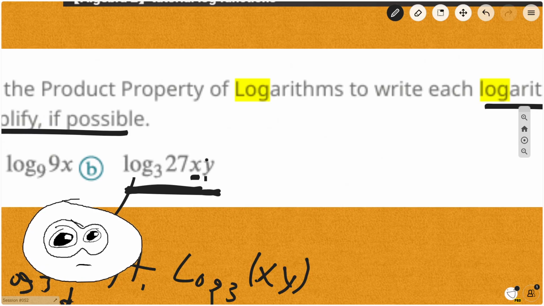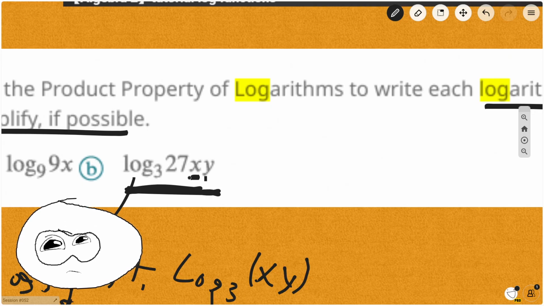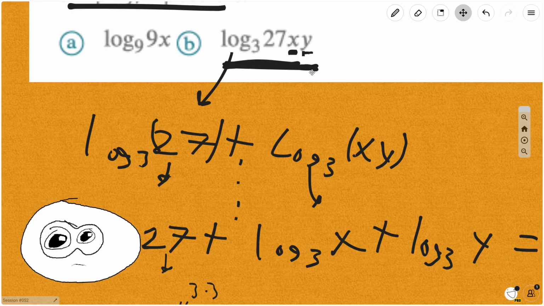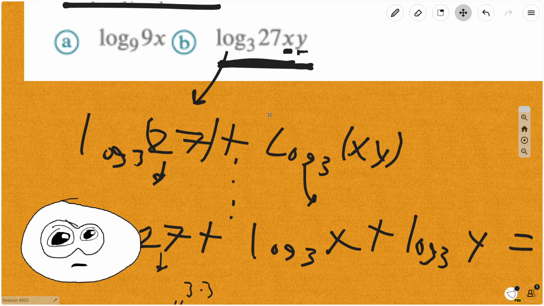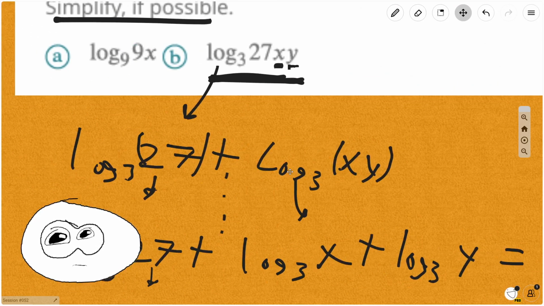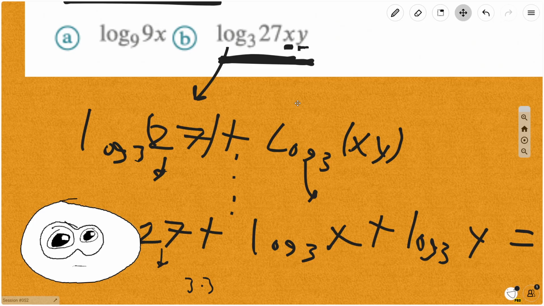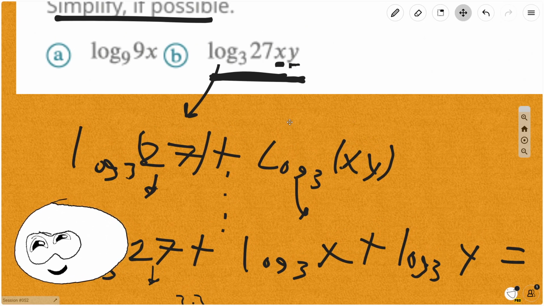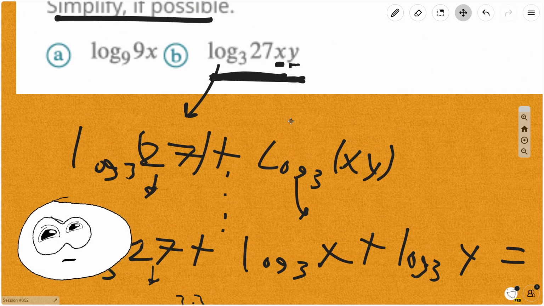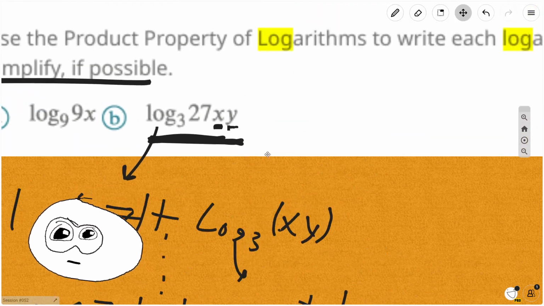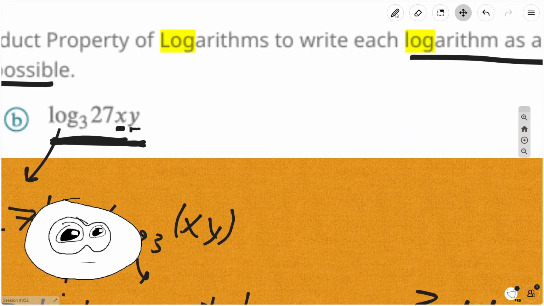Okay, so we have this, but these aren't multiplied to the power of 3. Then it might need to split like that: log 3 of xy. Aha! Okay, I see. No, because there's no equals. Ah, shoot. I was getting a little ahead of myself.